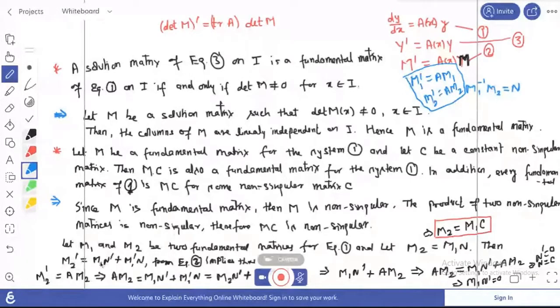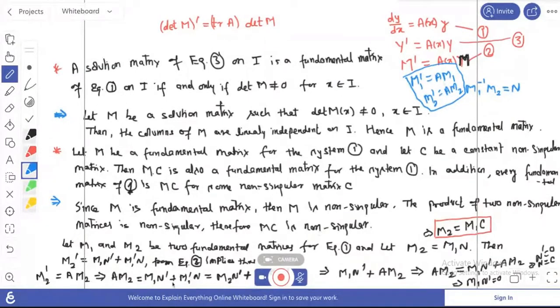And what is the M2 prime value? AM2 equals M1 N prime plus M1 prime N. Okay, and here M2 N prime, and this value M1 prime is AM1.